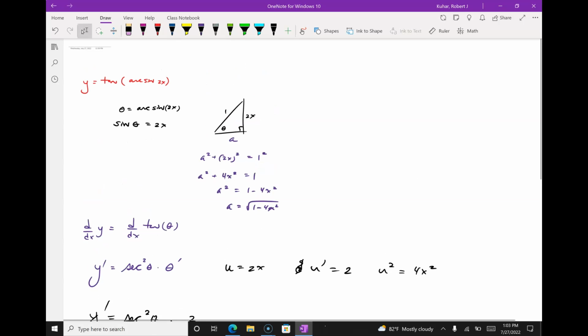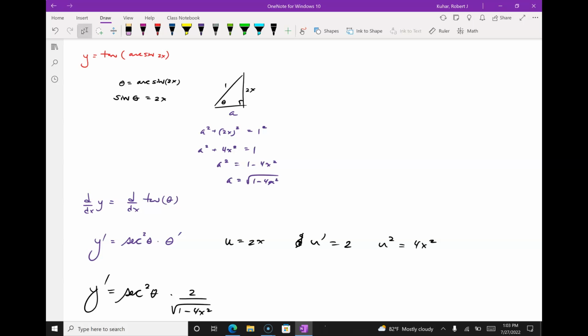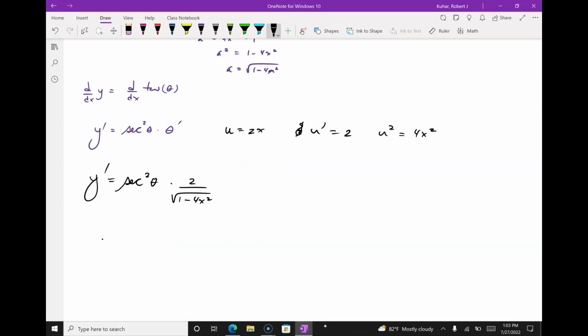How can I get my secant from the triangle? What is secant from the triangle? Nice, 1 over a. So I get 1 over the square root of 1 minus 4x squared, still times 2. I got to square that, right? Secant squared. Yes, agreed?